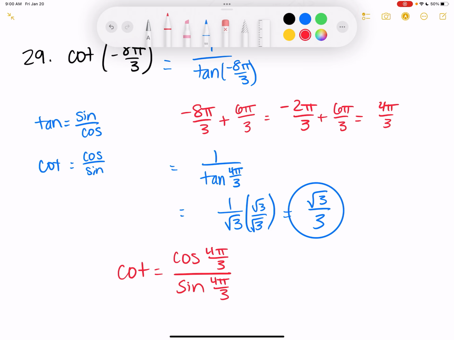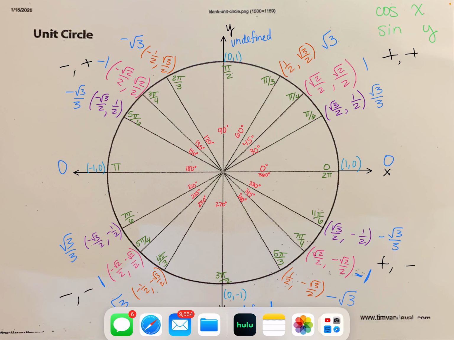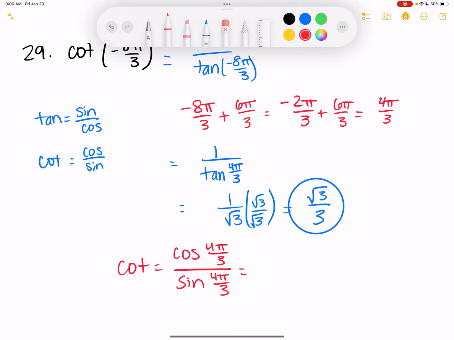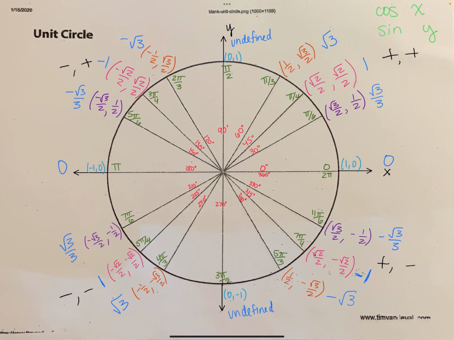From my unit circle, cosine of 4 pi over 3 is negative 1/2. So I end up with negative 1/2 divided by sine, which is negative root 3 over 2.